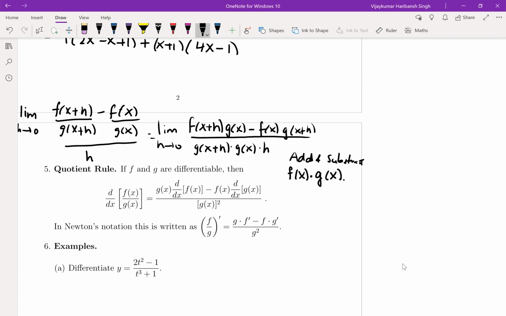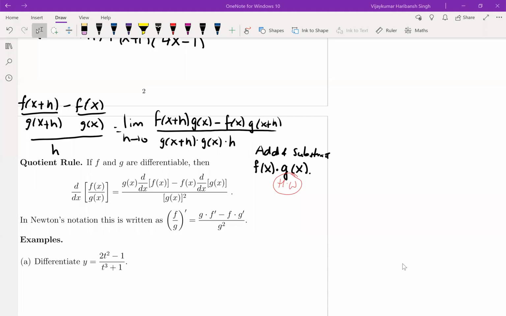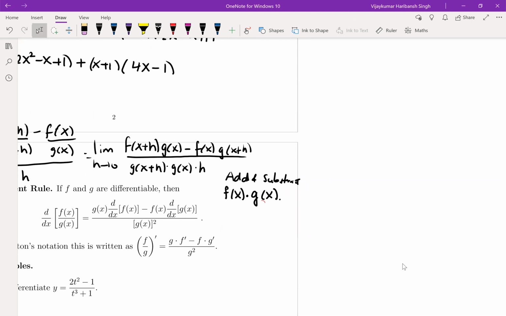And then you will get the answer. All right. So we'll leave the derivation there. You can finish it. Let's just do this. So add and subtract this. So we get what this is going to be.